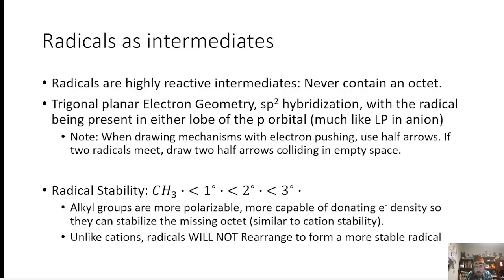Now, because the p orbital has a radical in it, it's much like reactions with lone pairs, where depending on what side of the lobe of this p orbital reacts, you could get different stereochemistry. And there's usually not a difference between attack from the top or attack from the bottom.